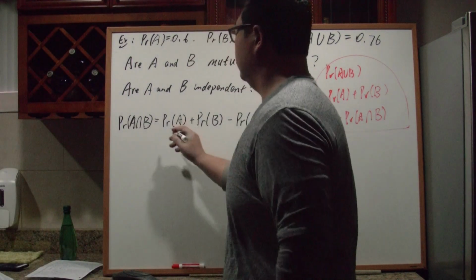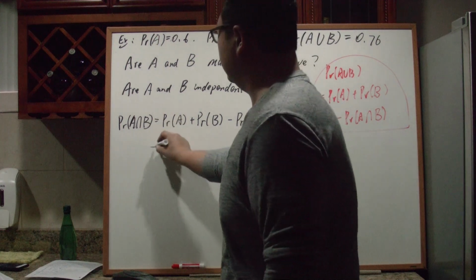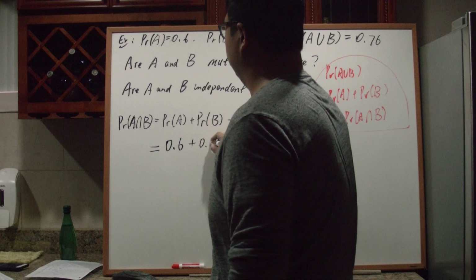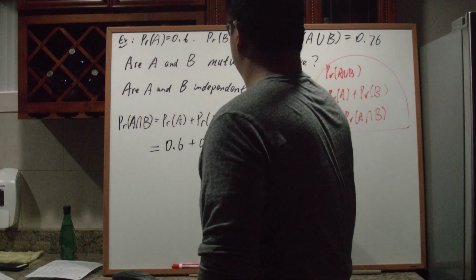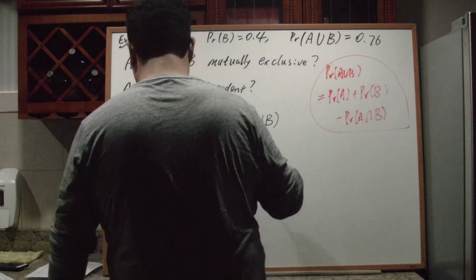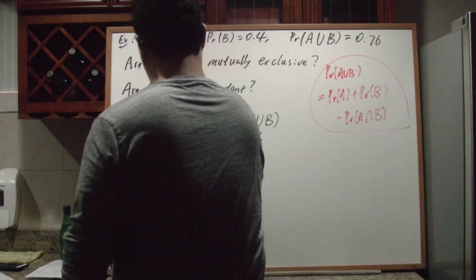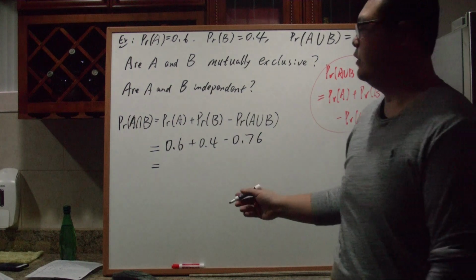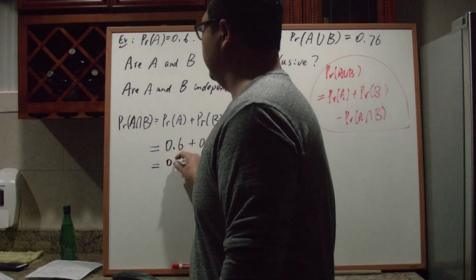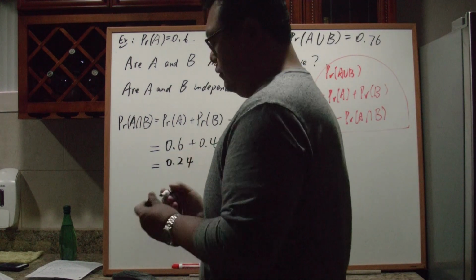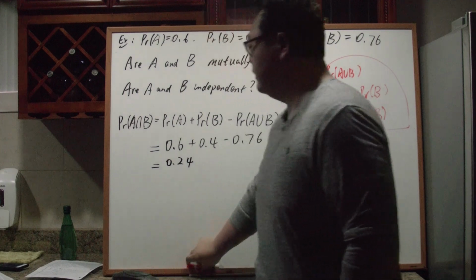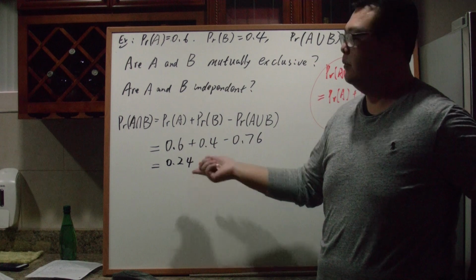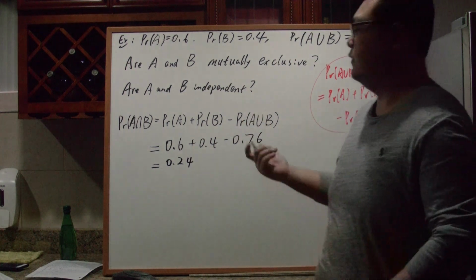So, resume back, the probability of A, that's 0.6, B is 0.4, minus the 0.86. If you use a calculator, that's 1 minus 0.76, which is 0.24. Hence clearly A and B are not mutually exclusive.